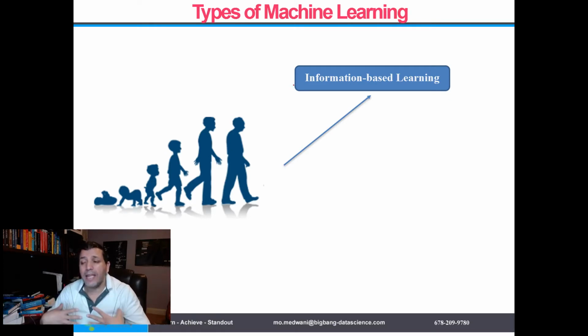So I'm making a decision based on information. It's called information-based learning. So learning means making a decision. I'm making a decision to pursue a master's degree in data science using what we call information-based learning. So that is one way of making a decision in our daily life.